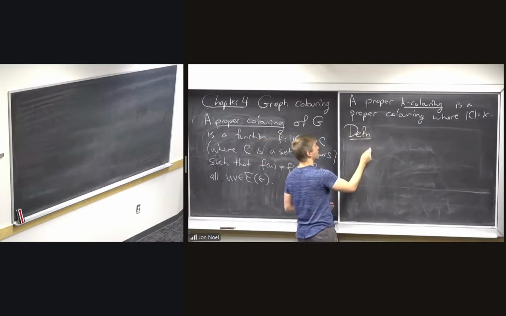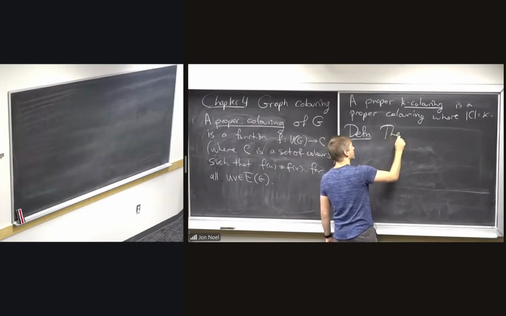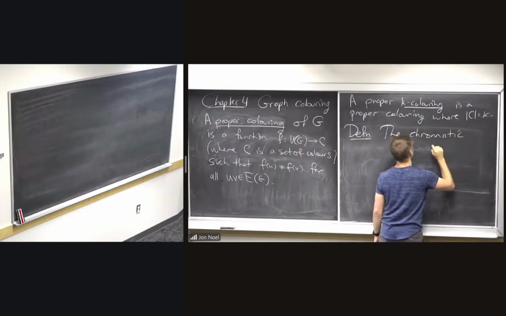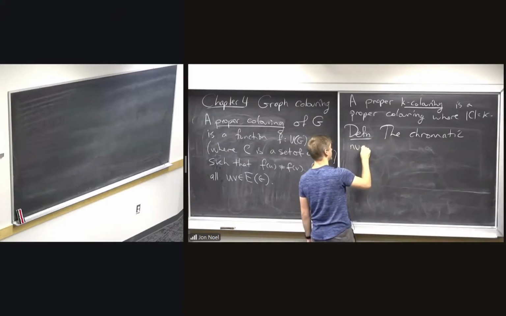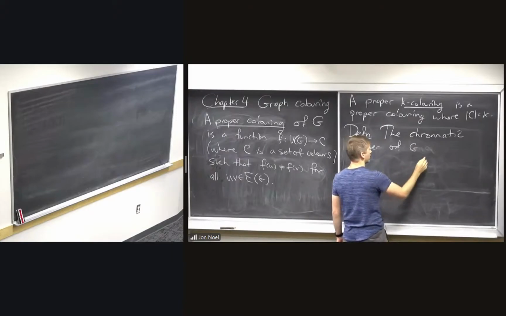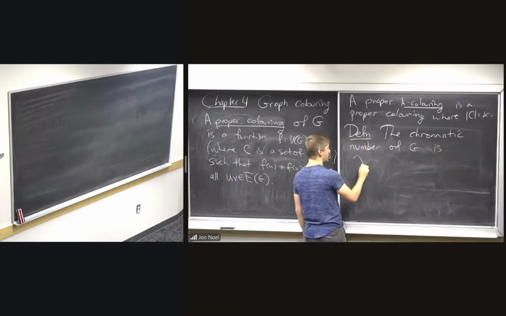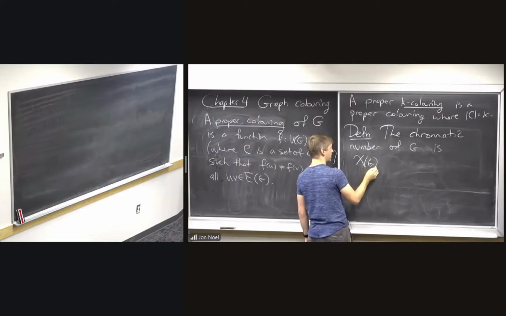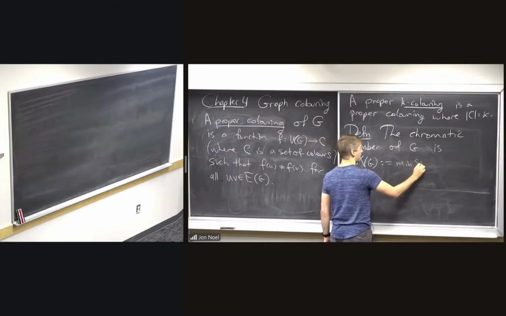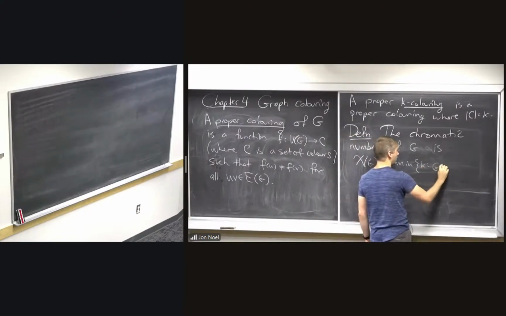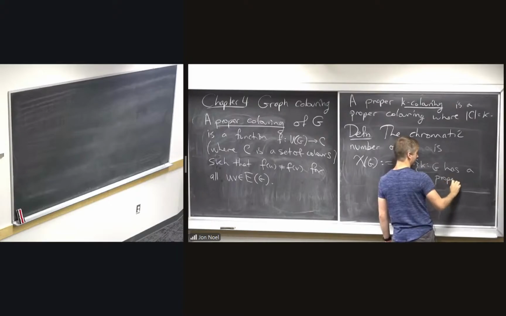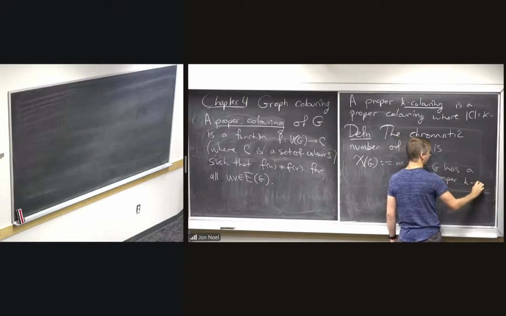So the chromatic number of G, the notation is chi of G, and it's defined to be the minimum K such that G has a proper K coloring.